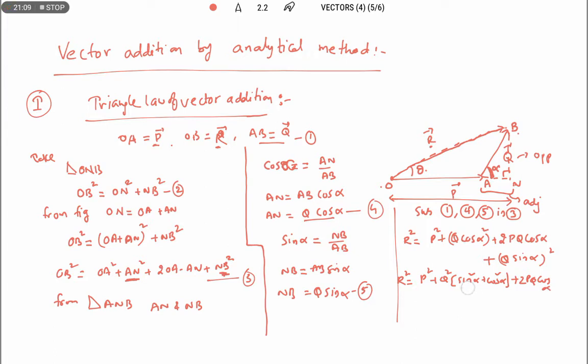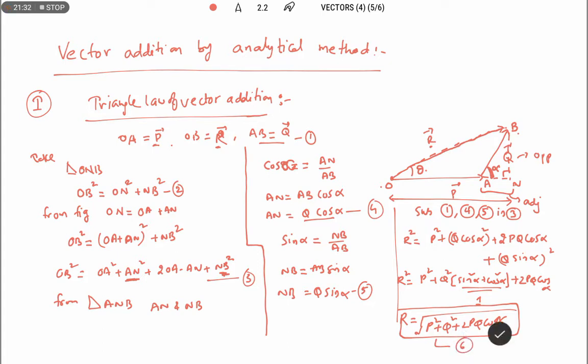Okay. So sin square alpha plus cos square alpha equals 1. Therefore R we can write as under root of P square plus Q square plus 2PQ cos alpha. So this is the magnitude of the resultant vector.